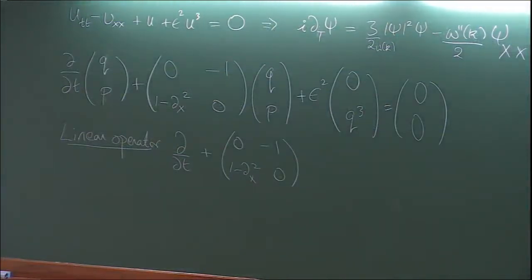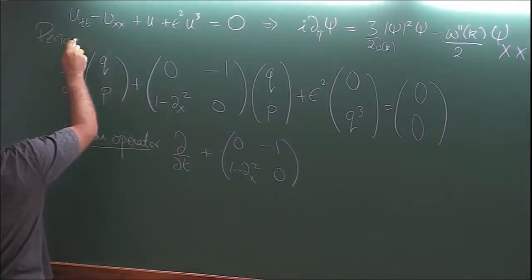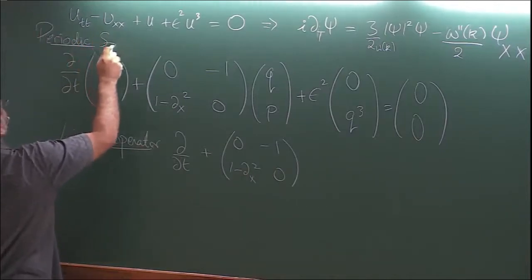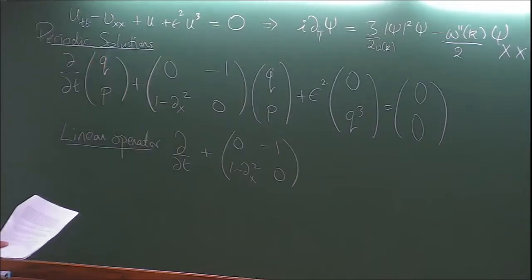But these are not periodic only in T. They will be periodic in X as well. And I'll see once again that just as before the period in T changes, the period in X will also have to change accordingly. Okay? All right, so I'm interested in periodic solutions. Right, so that's the goal.